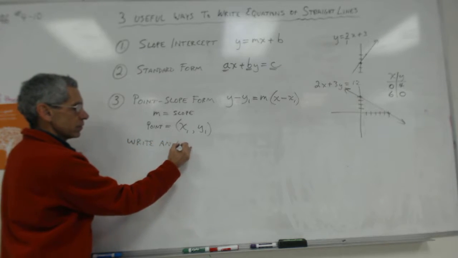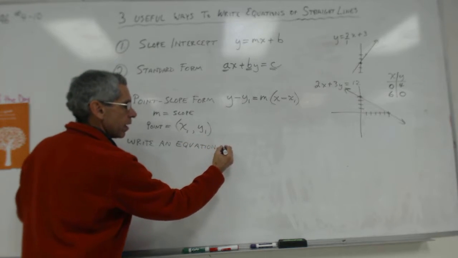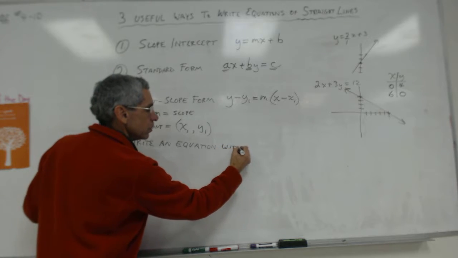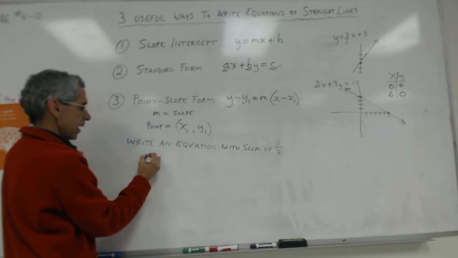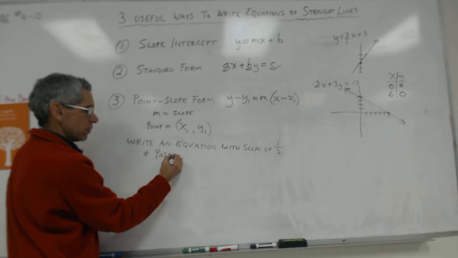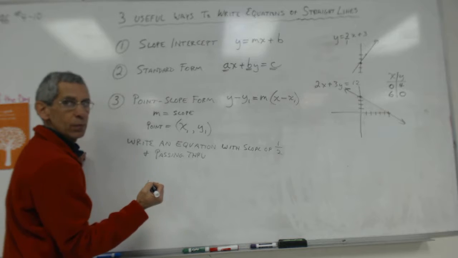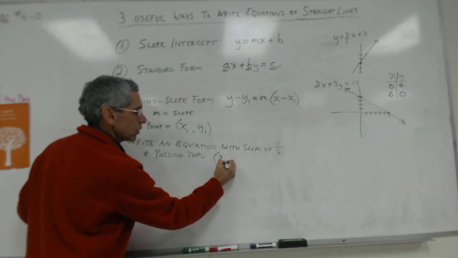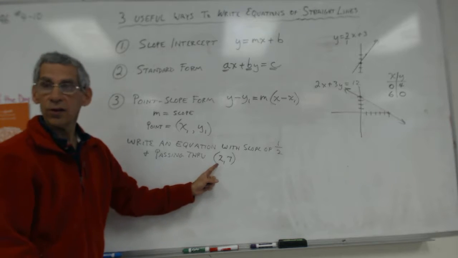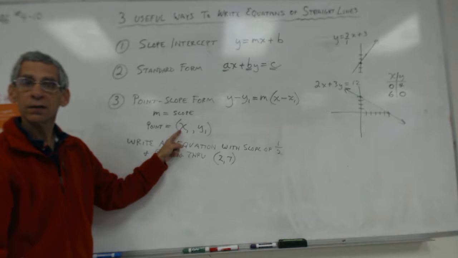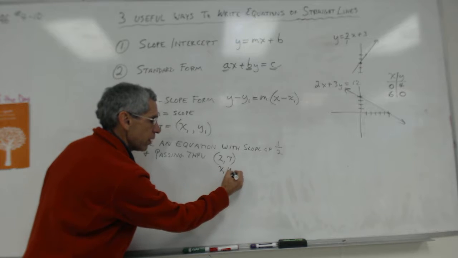Write an equation with slope of 1/2 and passing through (2, 7). Now notice the 2 is my x1. The 7 is my y1. That's my x1 and that's my y1.